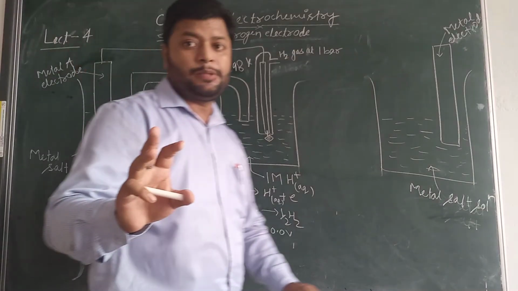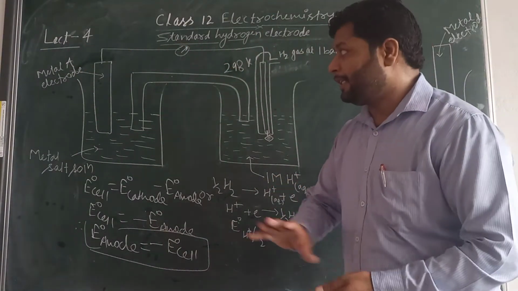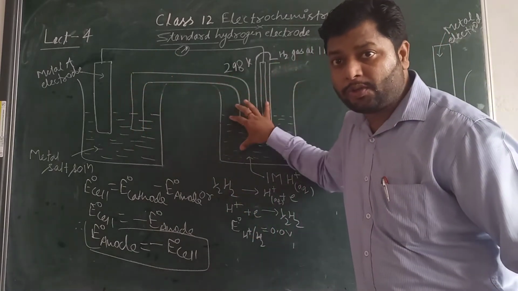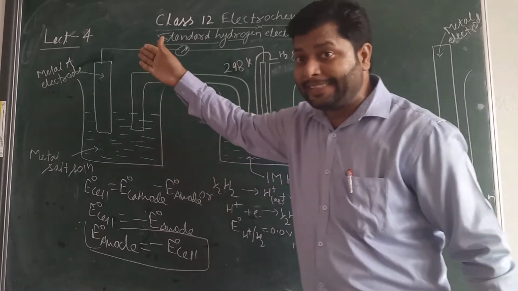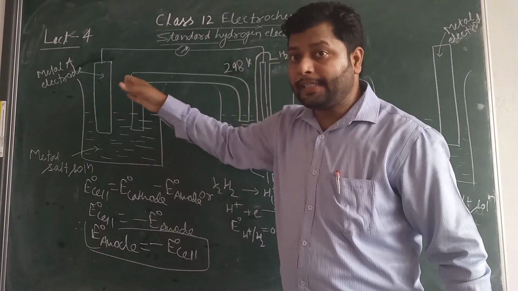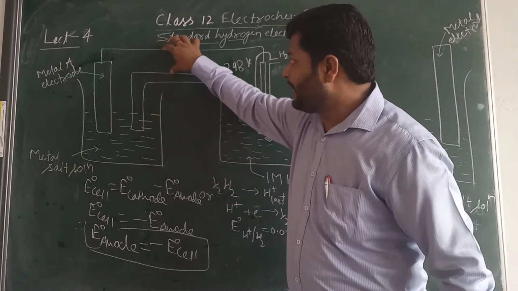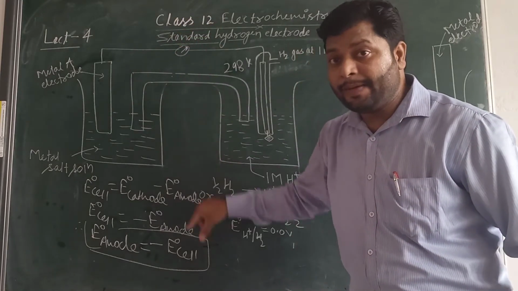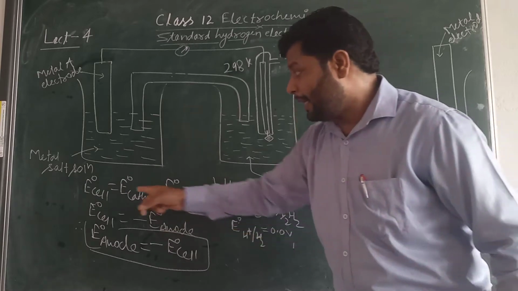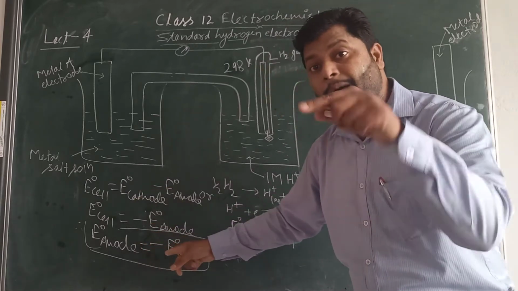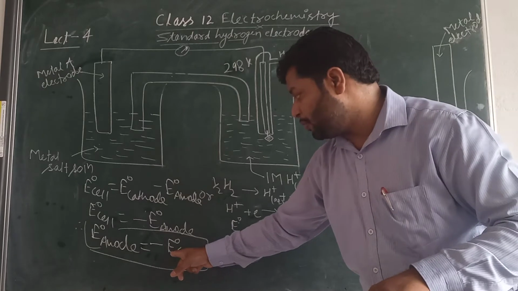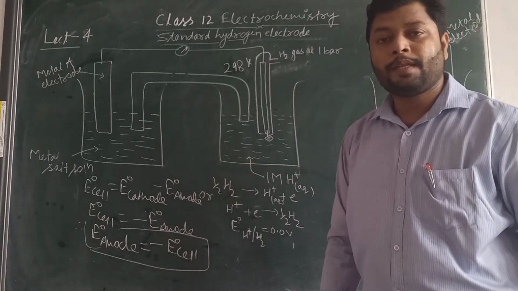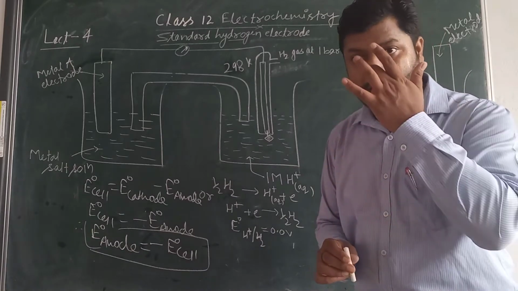Look at the first possibility. Whenever a metal attached with the hydrogen electrode acts as the anode, whatever potential is observed in the galvanometer will be the potential of the anode, but with the opposite sign, because the cell potential has a negative sign. For example, zinc metal.